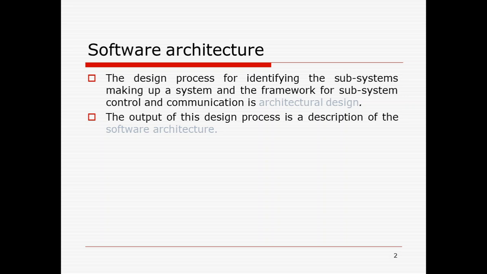When we talk about architectural design, it is a critical link between the design and requirement engineering, because it identifies the main structural components in a system and the relationships between them.